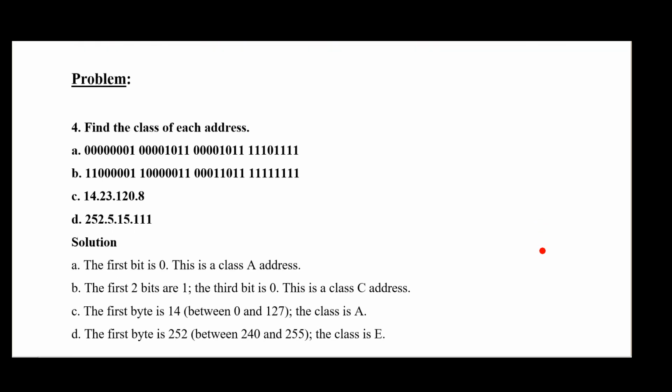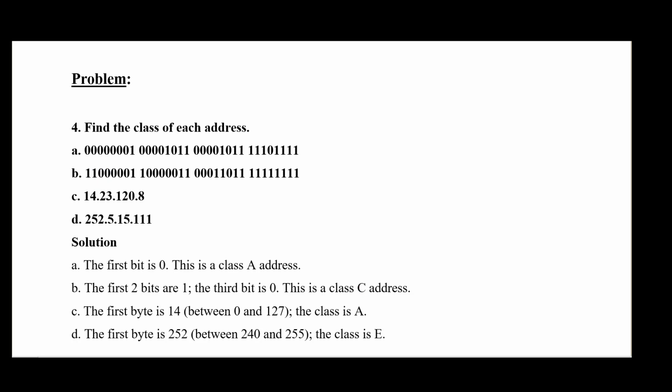There is a problem shown here to identify which classes the addresses lie in. In the first one, we check that the first bit is 0. As we know, if the first bit is 0, then it is class A. For B, here it is 110. As we know, 110 is the fixed value for class C. Therefore it is class C IP addressing.